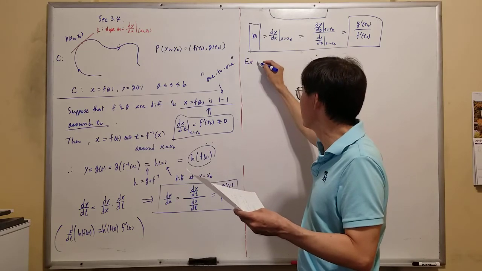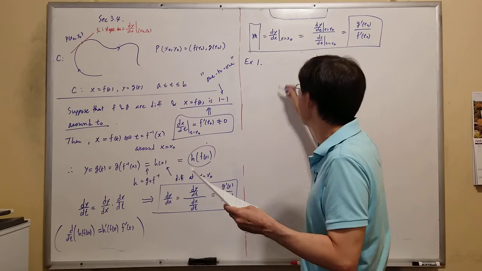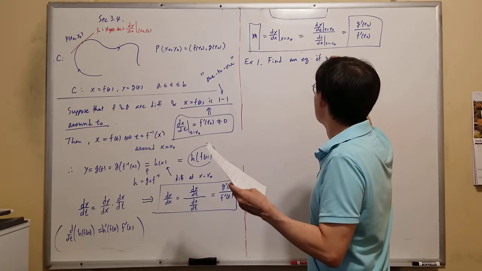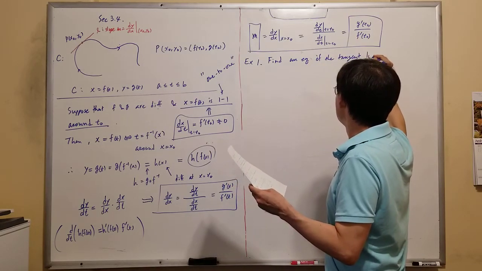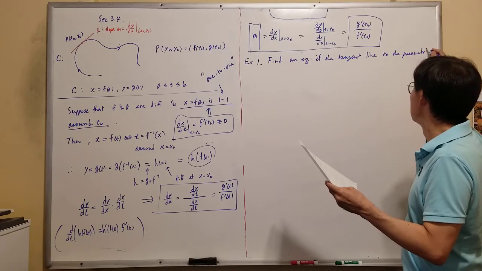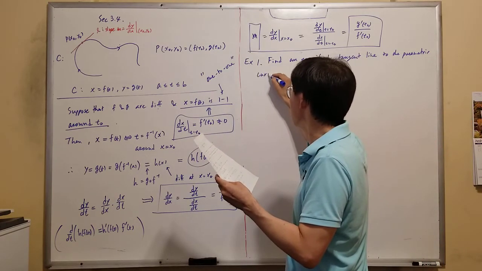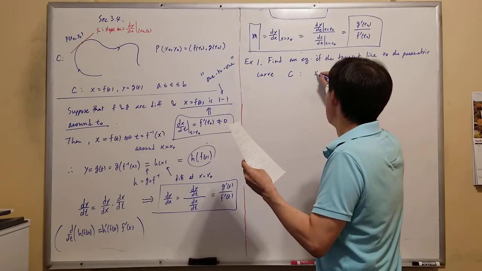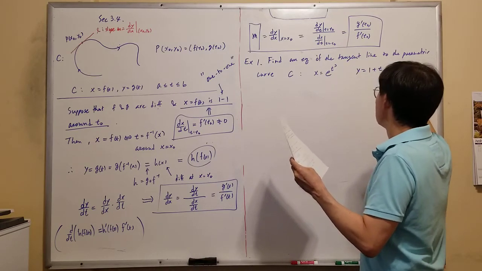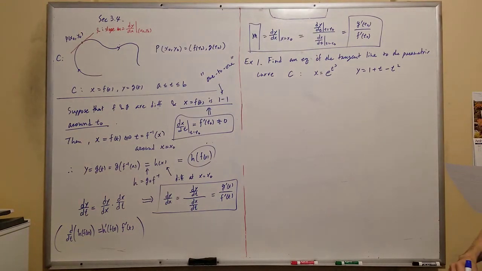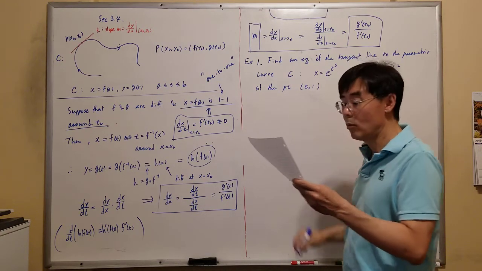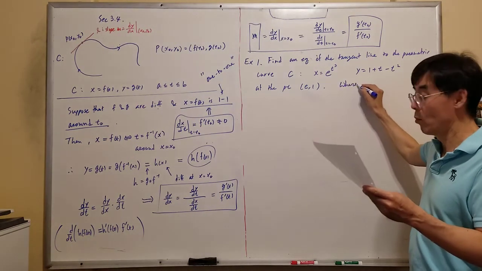So, example 1. Find an equation of the tangent line to the parametric curve C, which is given by x equals e to the t to the third, y equals 1 plus t minus t squared, at the point (e, 1).